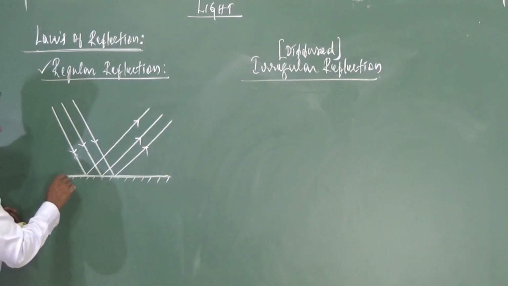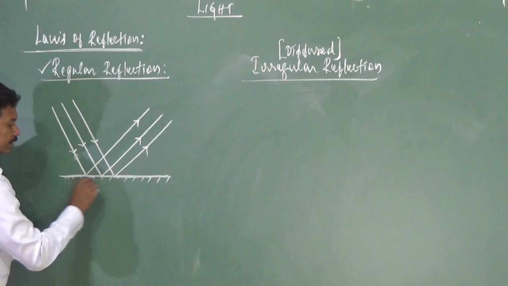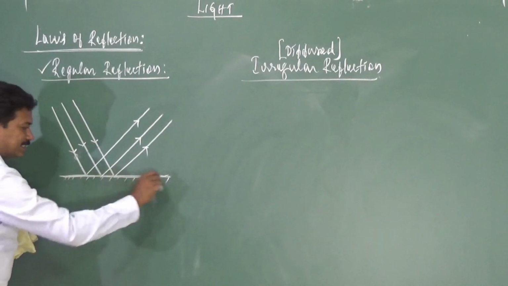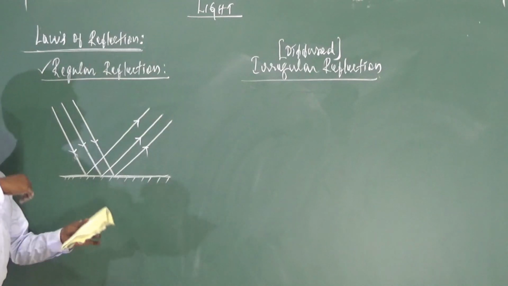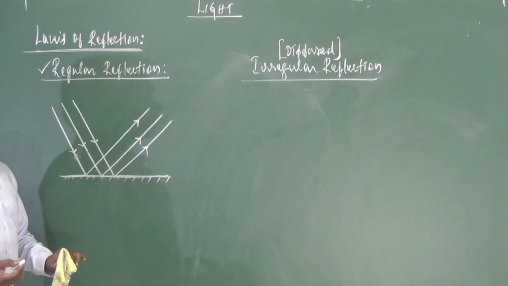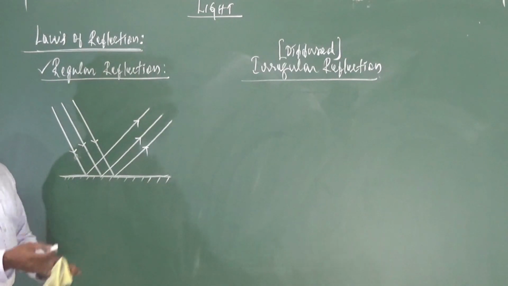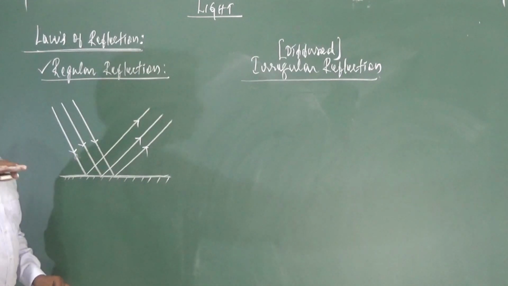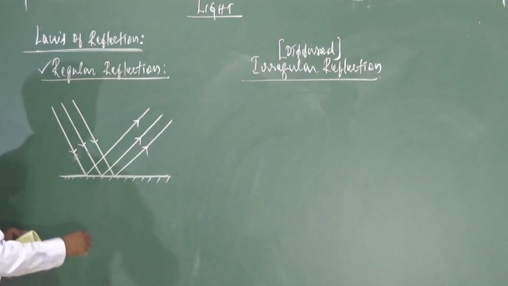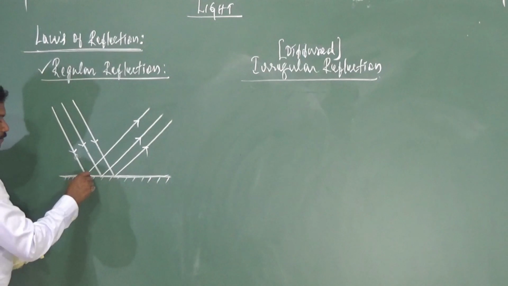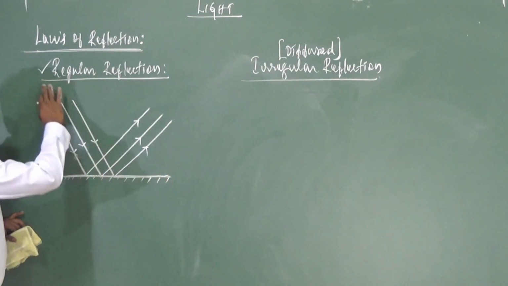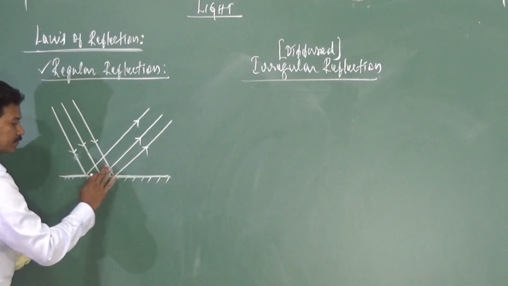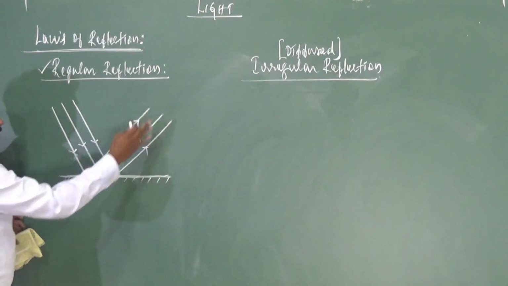On the surface we have taken here, all the molecules or atoms are aligned in the same direction. In the sense, all the atoms on this highly reflecting surface are aligned in the same direction. Therefore, when our light rays fall on the reflecting surface, they bounce back to the same medium.